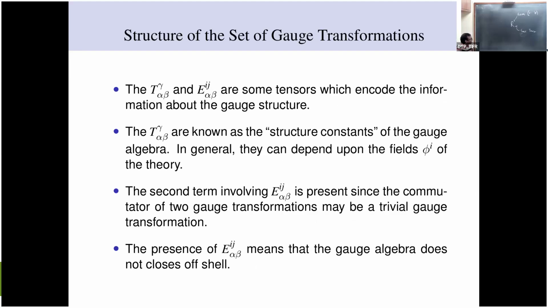In the normal case, the Yang-Mills case, we call this T^gamma_alpha beta the structure constant. But in general, they can depend on the field phi. And the second term, which involves this E^ij alpha beta, is present because the commutator of two gauge transformations may be trivial. Its presence basically means you have to take care of this if the gauge algebra does not close.